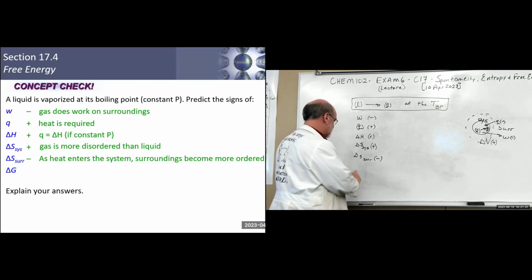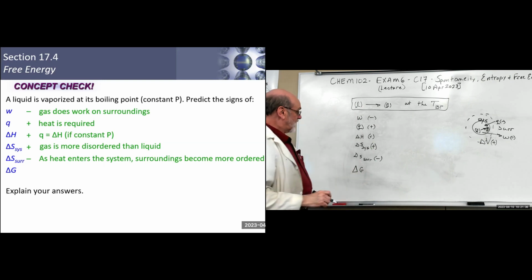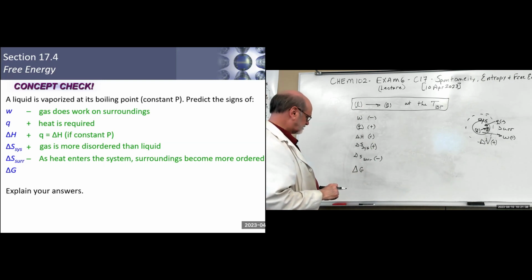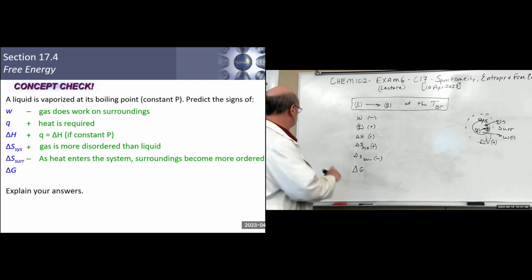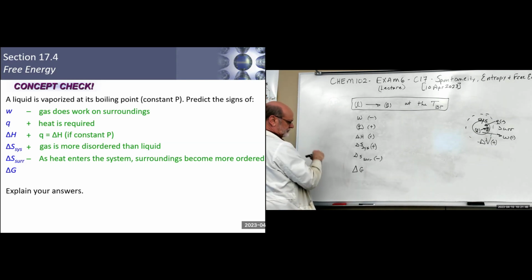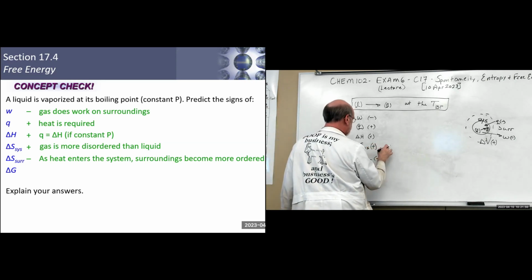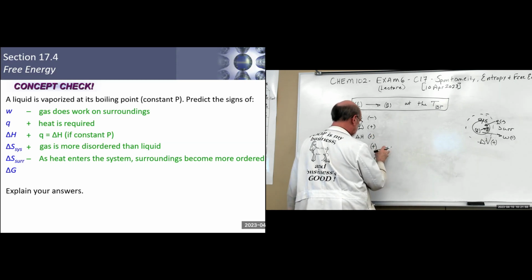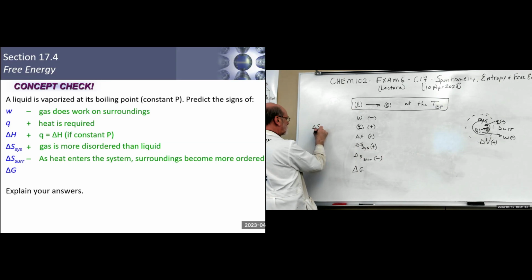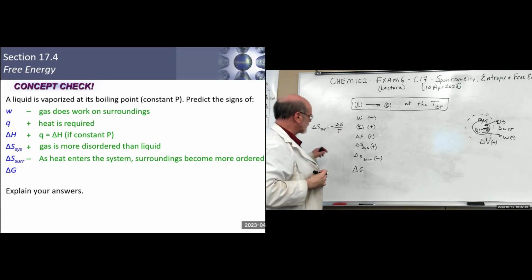How about delta G? What do we say about delta G? The delta S total is equal to negative delta G over T. What's delta S total?